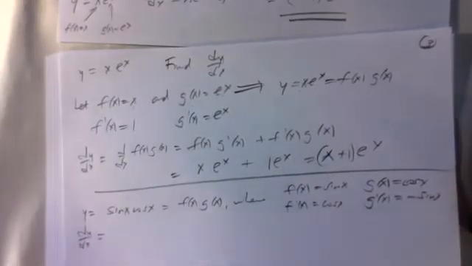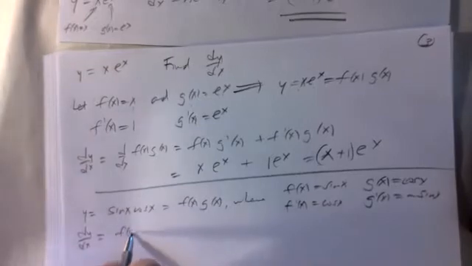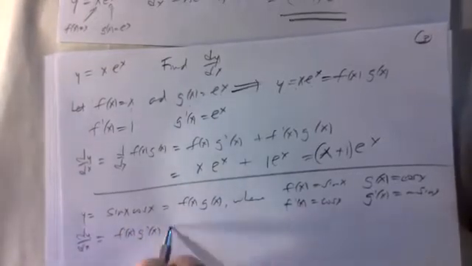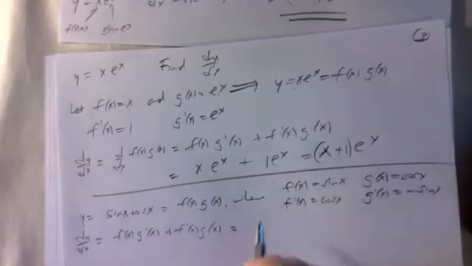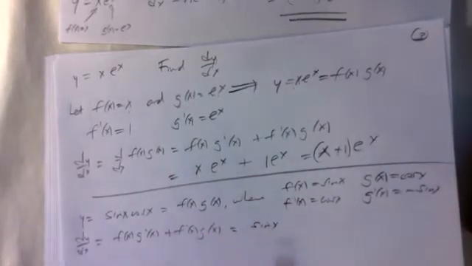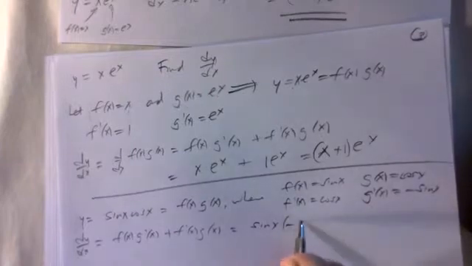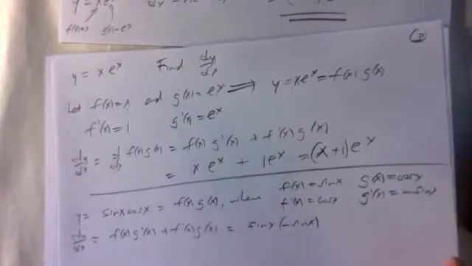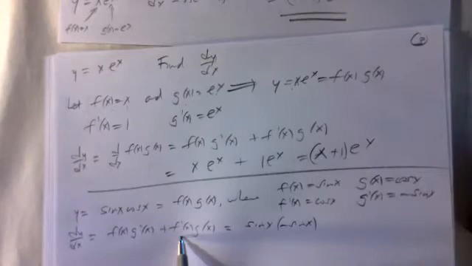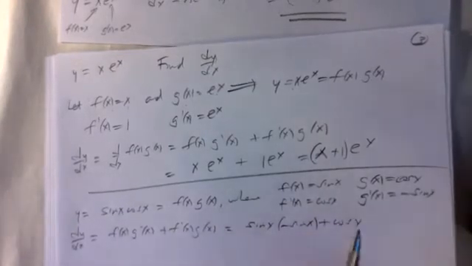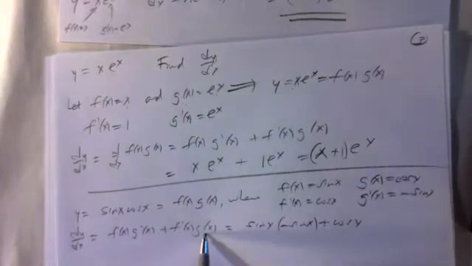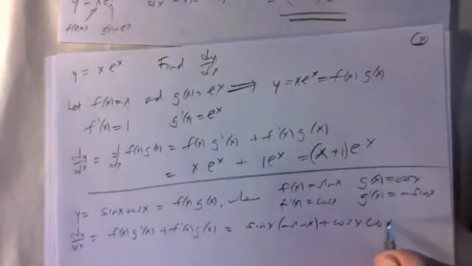So dy dx is f of x g prime of x plus f prime of x g of x. f of x is sine x. g prime of x is minus sine x. f prime of x is cosine x. g of x is cosine x.